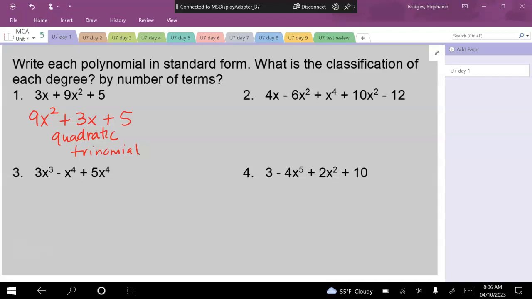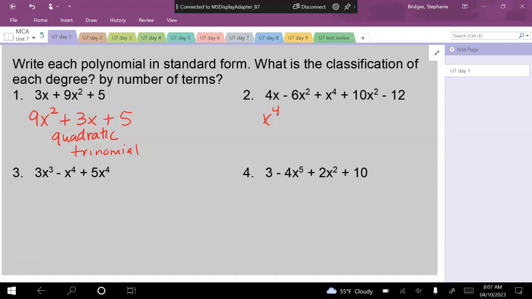Second one, I got a lot of stuff going on. I got a 4x minus 6x squared plus x to the 4th plus a 10x squared minus 12. So I want to start with my highest degree first. What's the highest degree? The x to the 4th. Do I have multiple x to the 4th or just that one? Just that one, so that's going to go first. Then I would need an x to the 3rd. Do I have an x to the 3rd? Nope. So then I go to x squared.